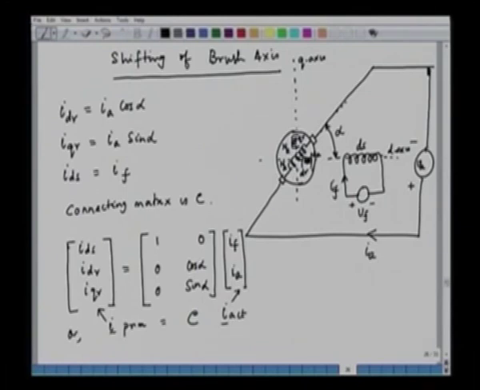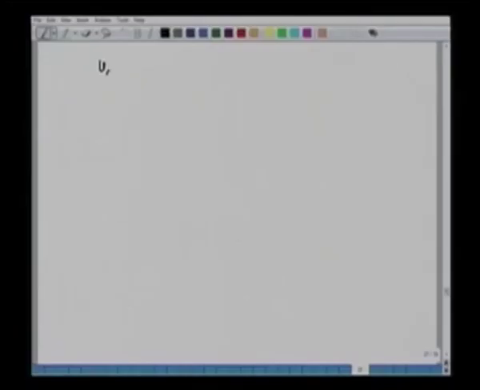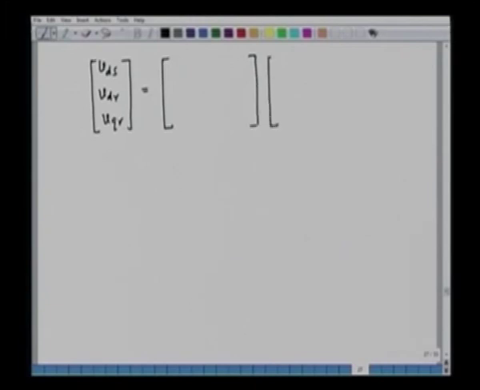In a similar way we can write down the expression for the voltage. The voltage and currents are related. So, we can write down in this case VDS, VDR and VQR, the voltages of the primitive variables, in terms of the actual variable voltages, that is VF and VA.